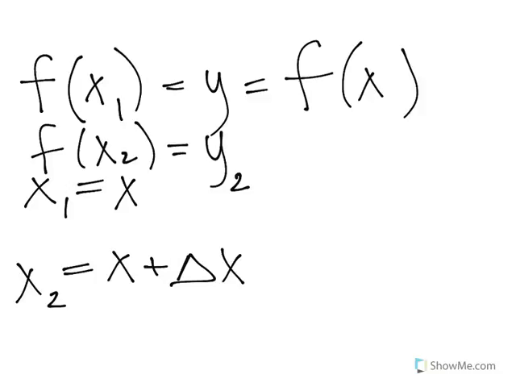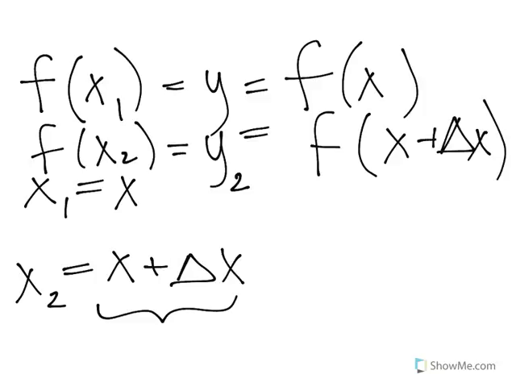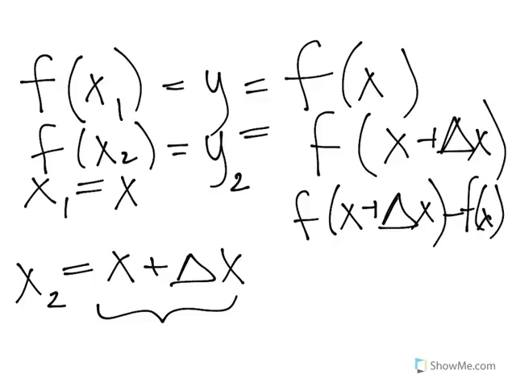And so if we define y2 to be f of x2, we can rewrite this as f of x plus delta x. As we mentioned, the change in y is just f of x plus delta x minus f of x, and for the change in x we can just write delta x.